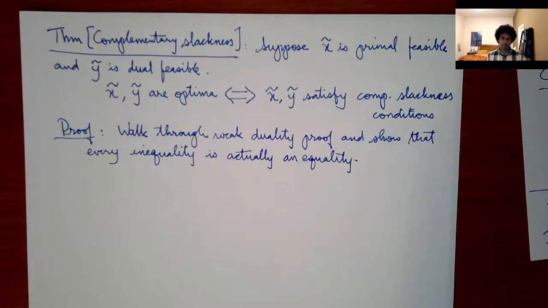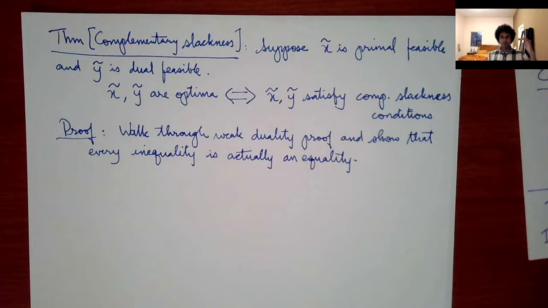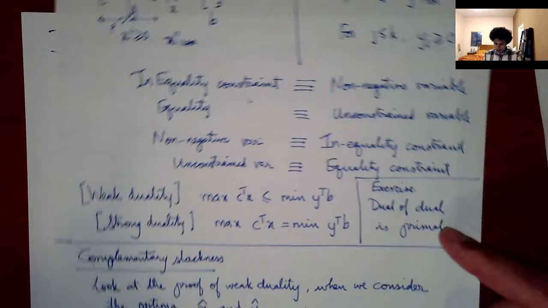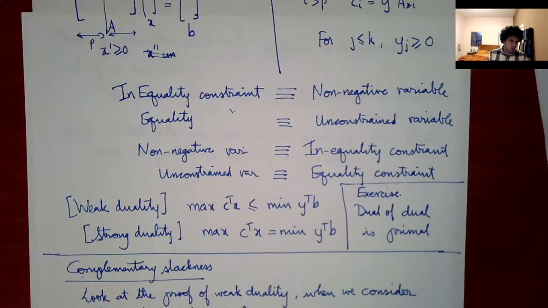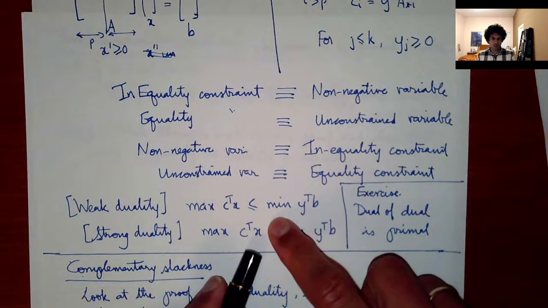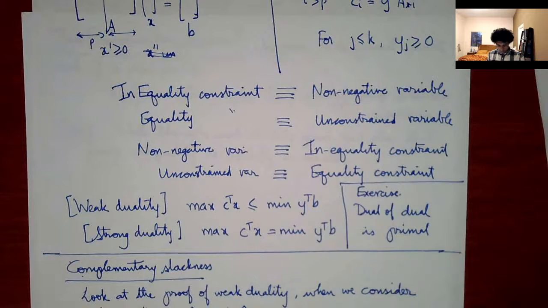And if in weak duality they're all equalities, if you get equality in weak duality, then you know that they're the optima, because you know that those are the best possible points.